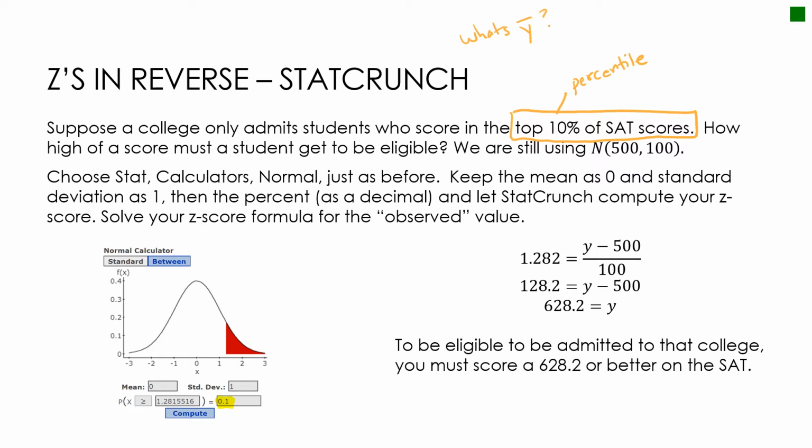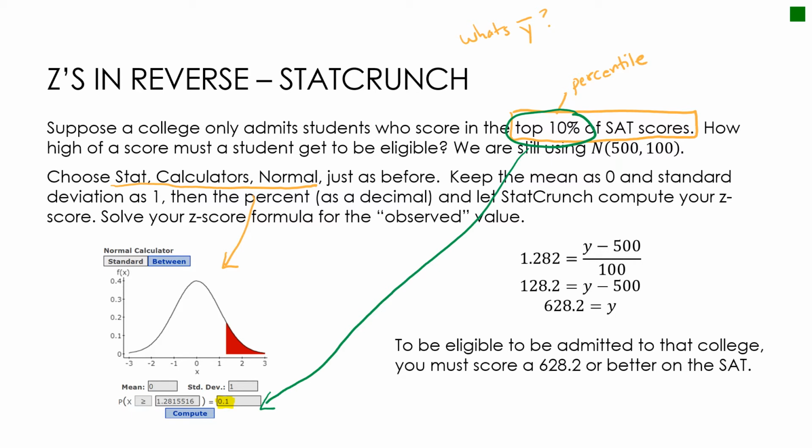What's observed? So in StatCrunch, I'm still going to Stat, Calculators, Normal just as before, and this is my printout of that. And notice what I've done is because it's the top 10%, I put 10% here, and again, I didn't put 10, I put 0.1 because 10% as a decimal is 0.1.